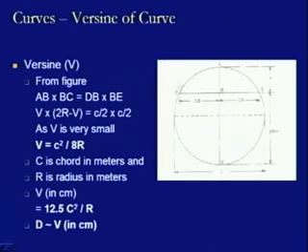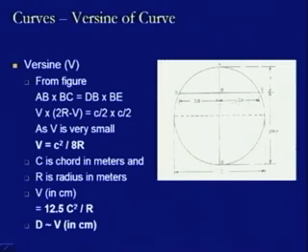Now, another aspect of the curve is the Versine. Versine, as we find from the figure, if this is the circular curve and this is a chord, then this distance is termed as Versine. From the geometry of this curve, we have this distance, and then we have another distance on this side.